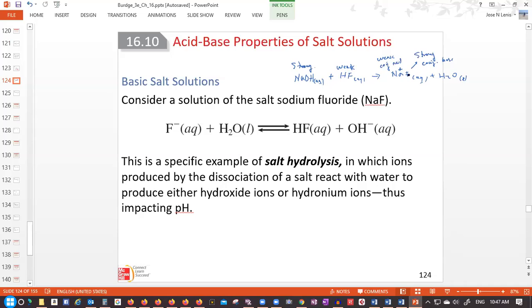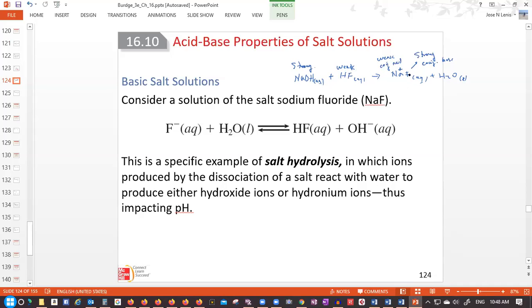Fluoride, F minus, comes from a weak acid. Therefore, F minus is a strong conjugate base. Strong enough to react with water, with the water that is present in the solution. This is aqueous.